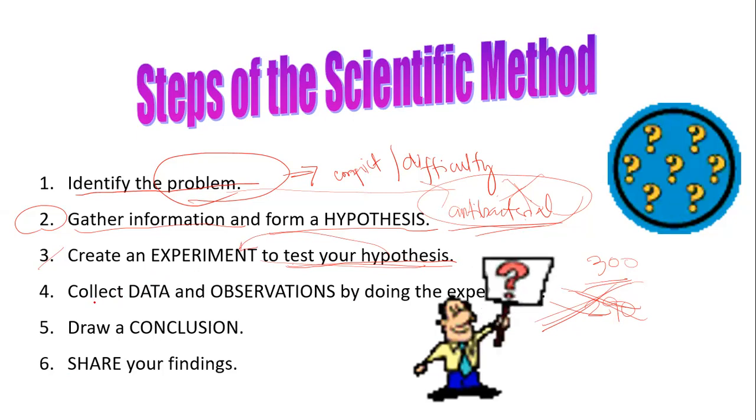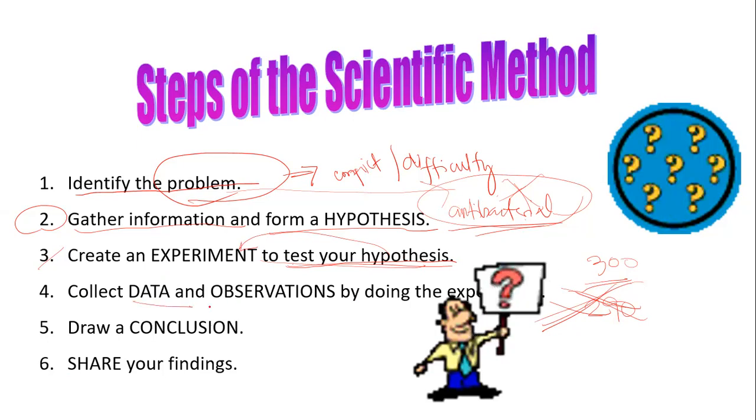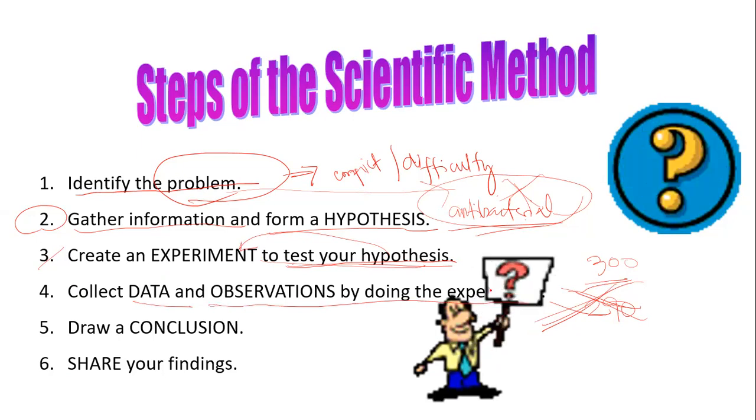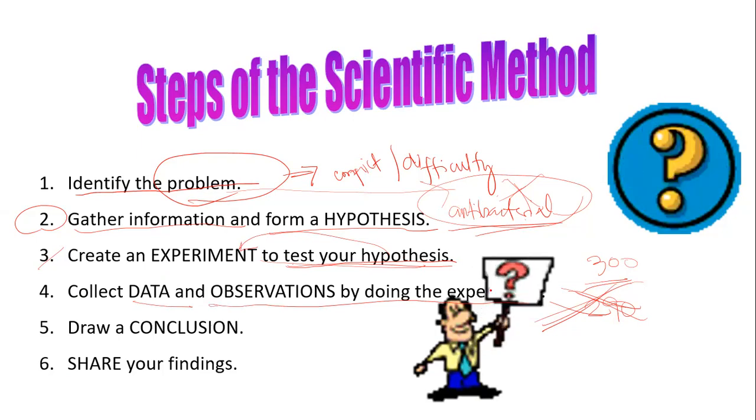And number 4, while you are doing your experiment, you need to collect the data and observation based on your experiment. Meaning to say, you're going to have a record book when you are conducting your research.